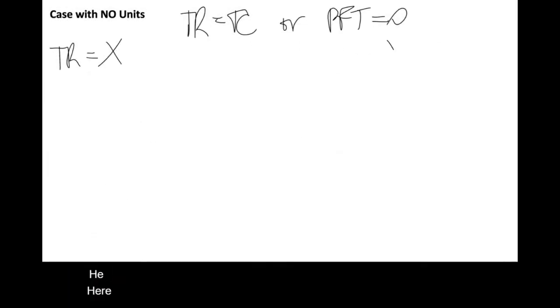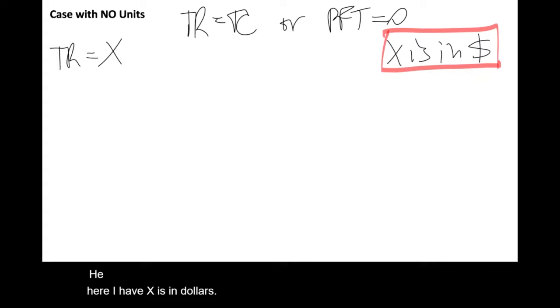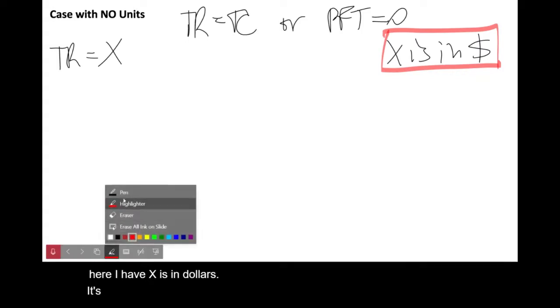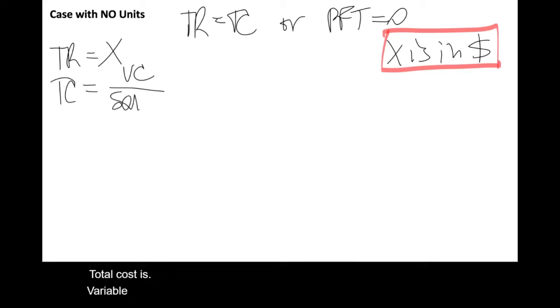Here I have X is in dollars. It's very important. So total revenue is X, total cost is variable cost over sales times X plus fixed cost.